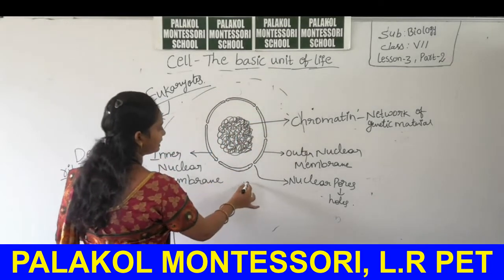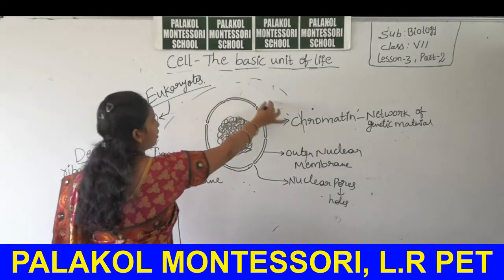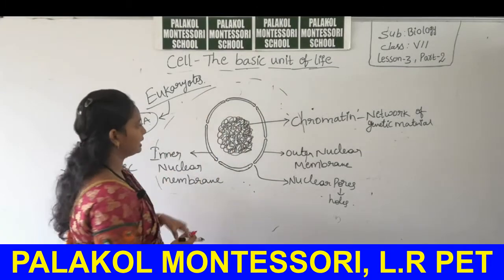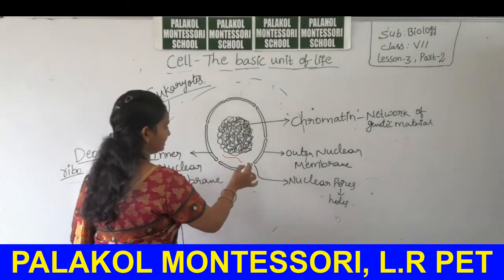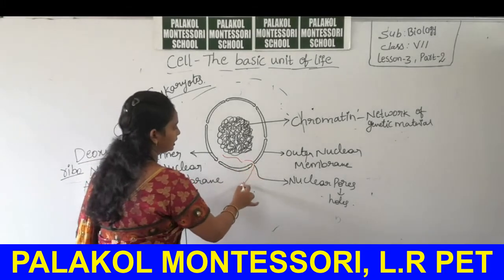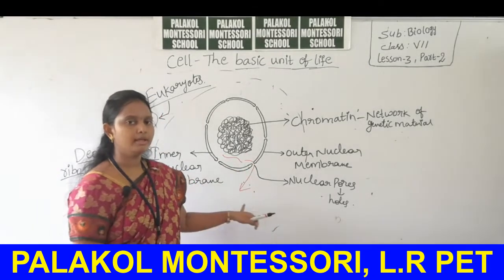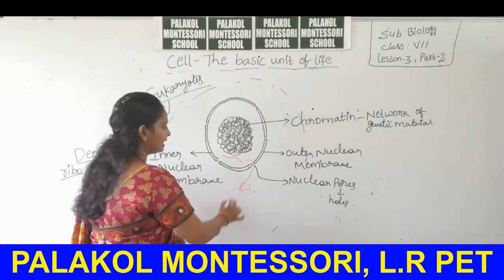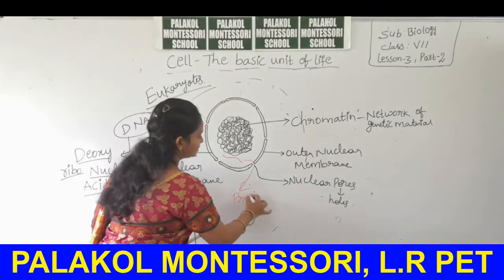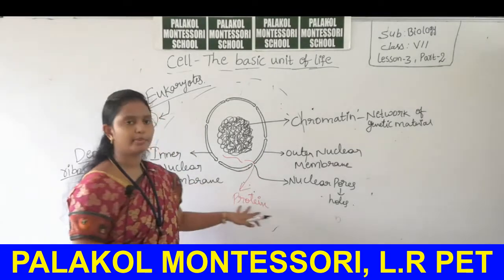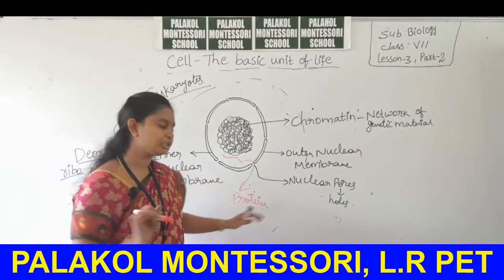Around the nucleus, what is present? Cytoplasm. This is the overall cytoplasm. So the RNA formed in this region is forwarded into the cytoplasm. In this cytoplasm, this RNA can form protein. RNA forming protein is called translation.